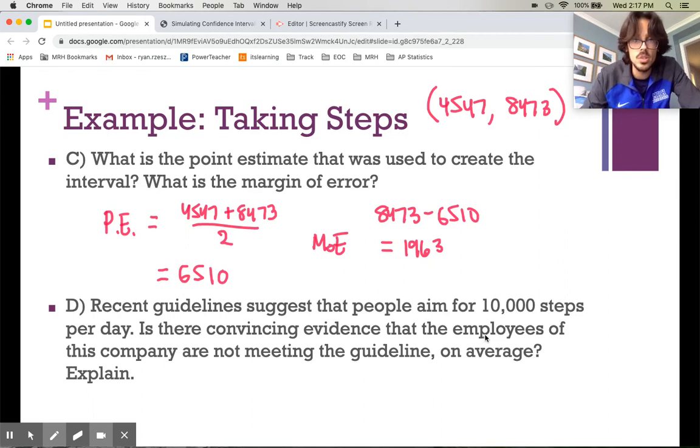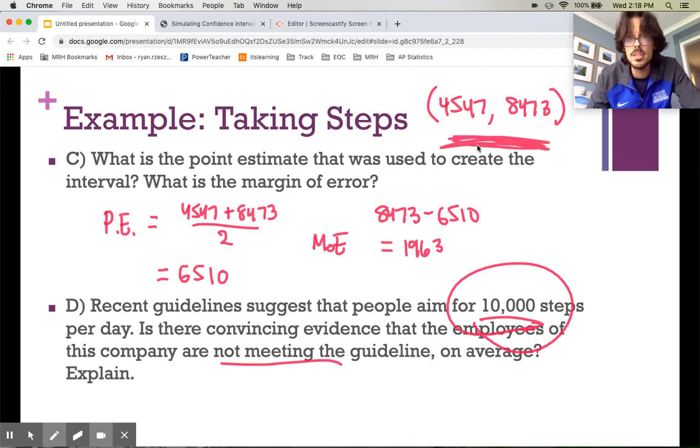Recent guidelines suggest for people that they should aim for 10,000 steps per day. Is there convincing evidence that the employees of this company are not meeting the guideline on average? Okay. So we're hoping we're at 10,000. We're really confident the answer is in this range right here.